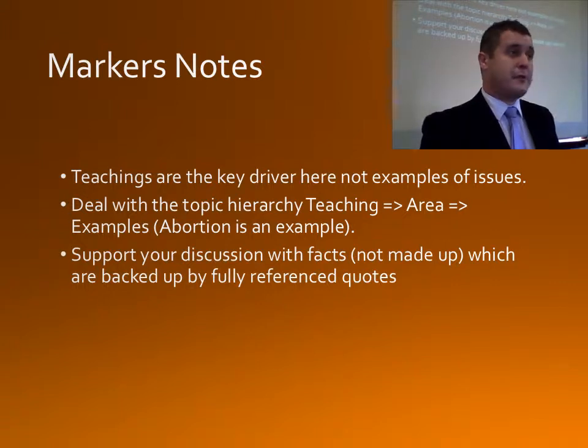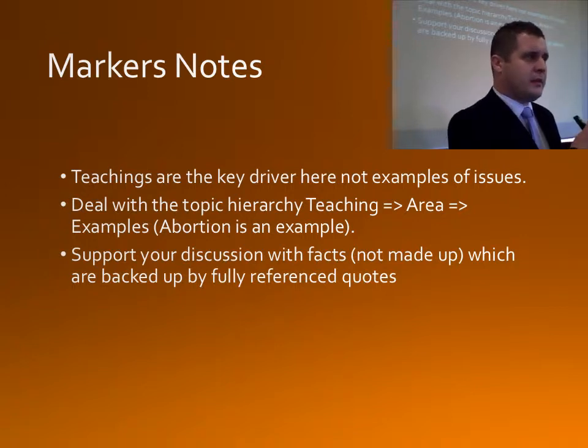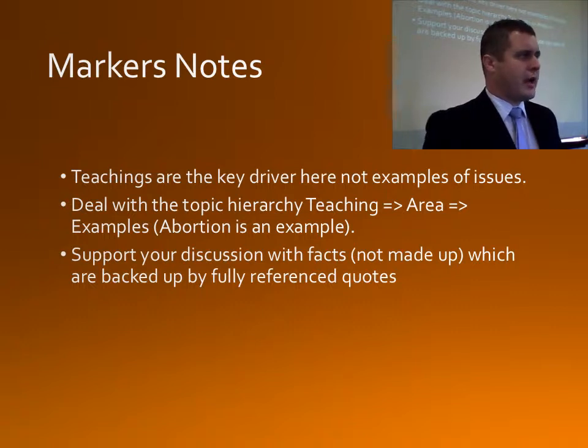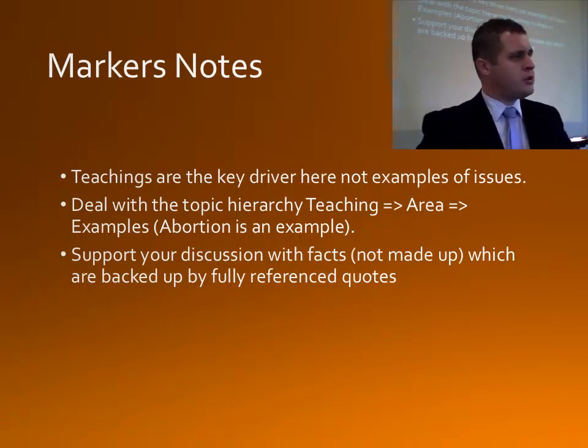So every paragraph deals with the teaching, explains how it applies, provides an example, such as abortion, and then suggests, well, in the Uniting Church, each individual is able to come up with their own informed position on it, which is quite different to the Greek Orthodox position, or the Roman Catholic position.